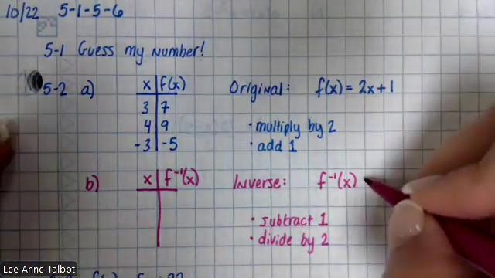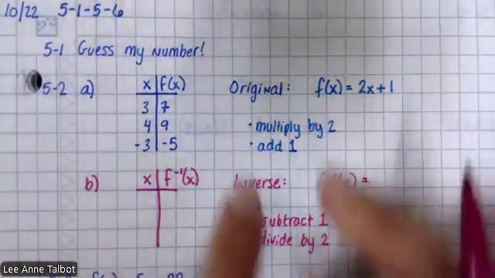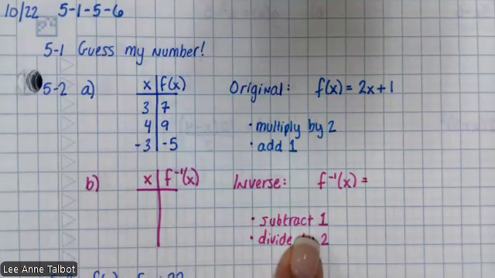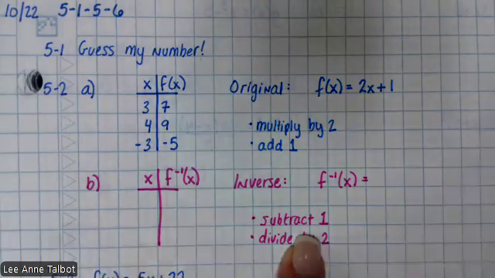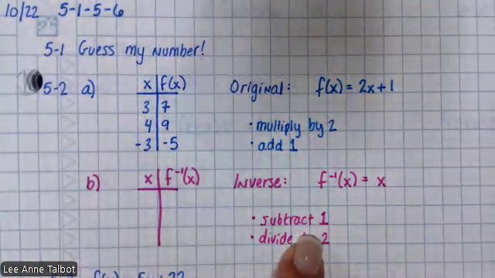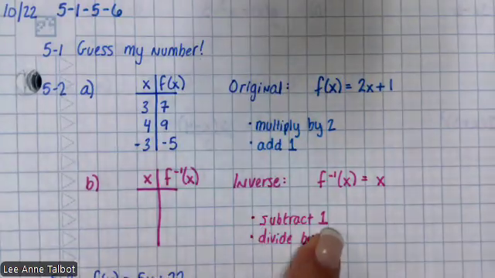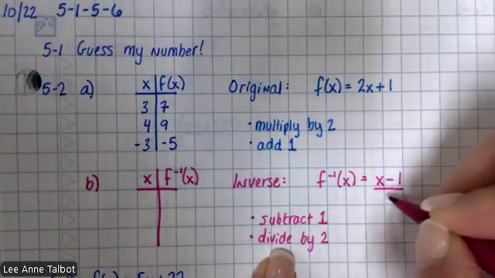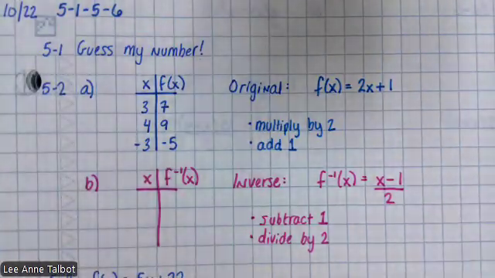Okay, and when you write these, you write the steps, and then you follow the steps, but you have to start with an x because you have to have something to do the steps to. Okay, so you start with an x. Every problem, you're going to start with an x. Then subtract 1, and then divide by 2 on everything.